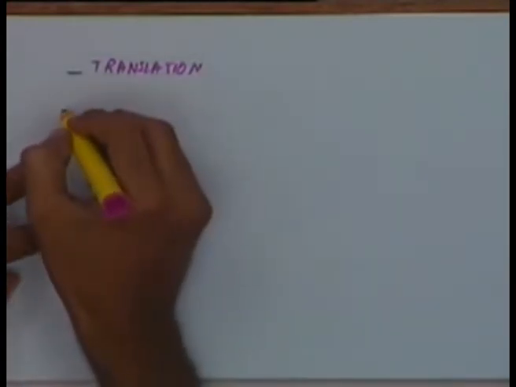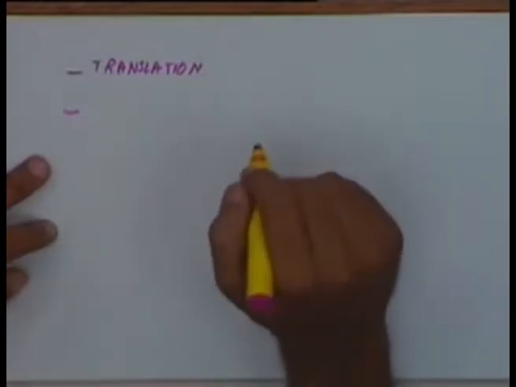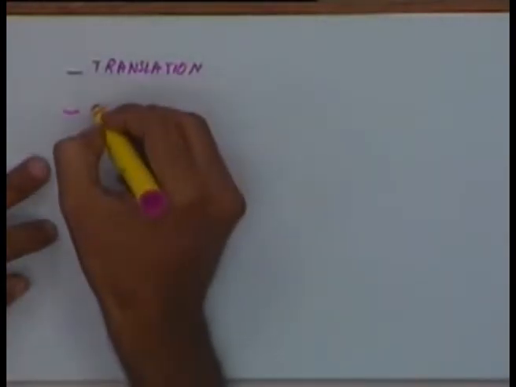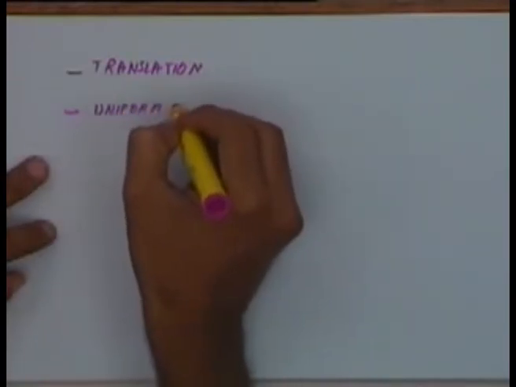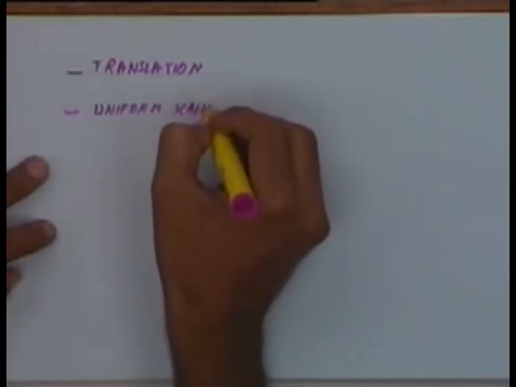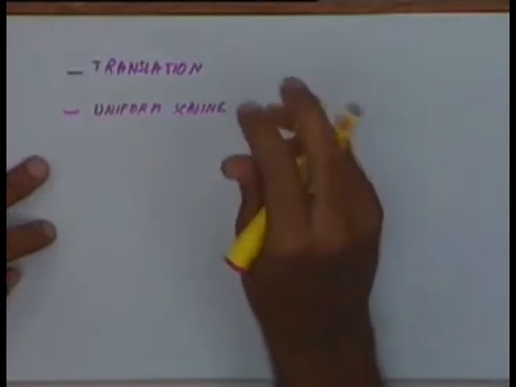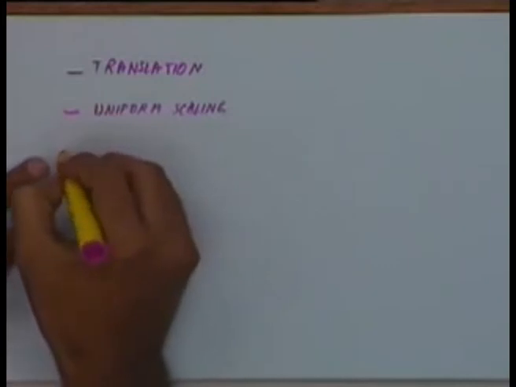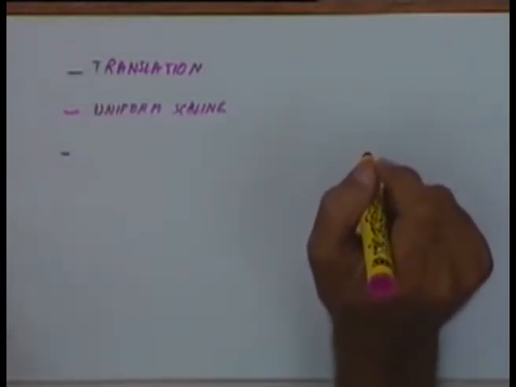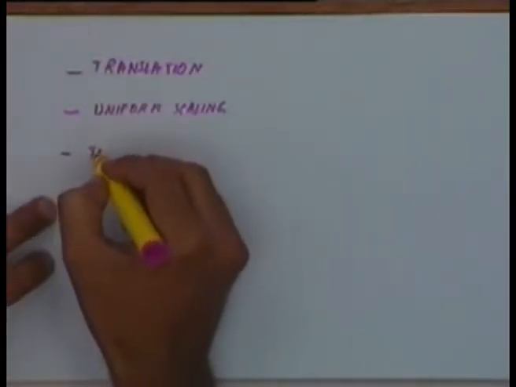The second advantage that we have seen is uniform scaling can be captured by one single parameter. The third is that transformations can be combined.